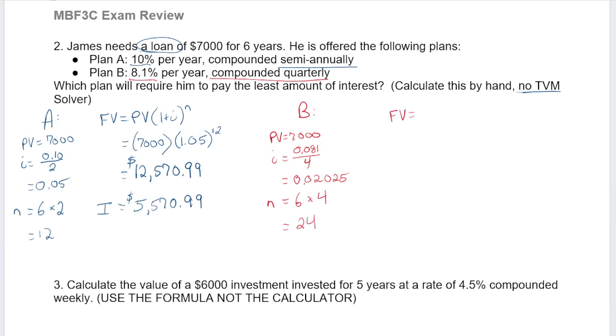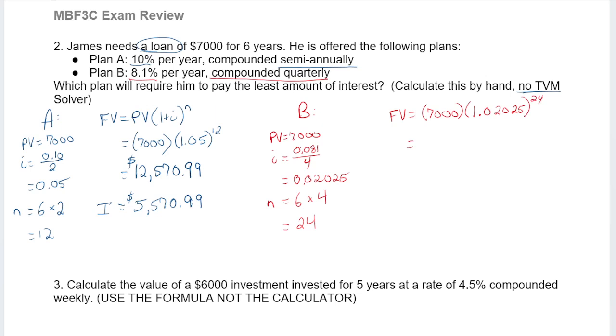FV is equal to PV, which is 7,000, times the interest, basically like rate of growth, essentially. So 1.02025 to the power of 24, because future value is exponential, right?